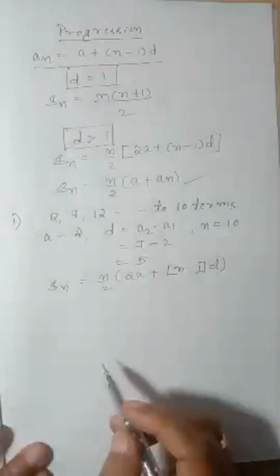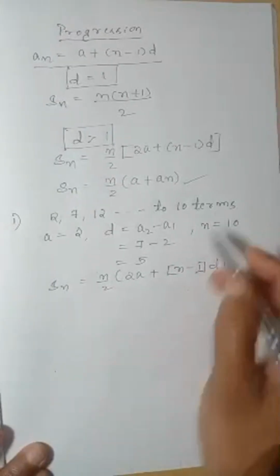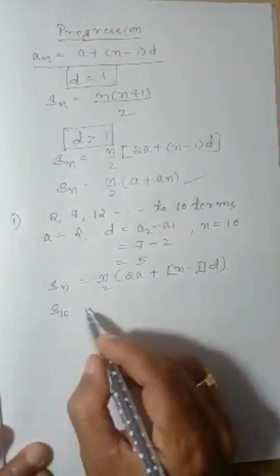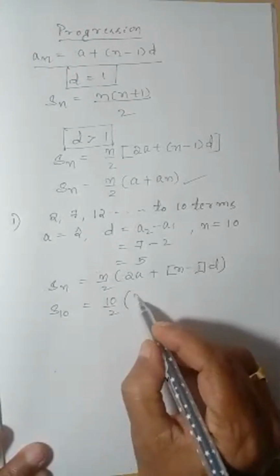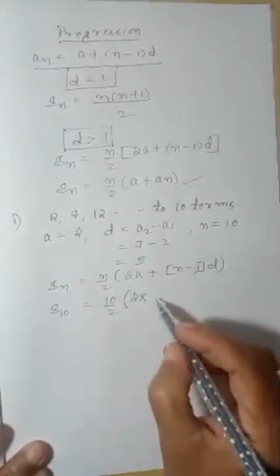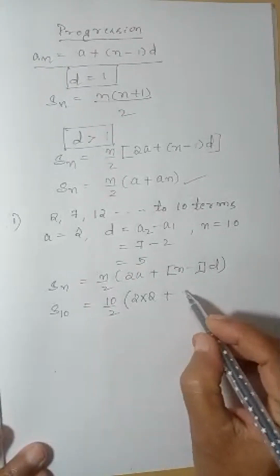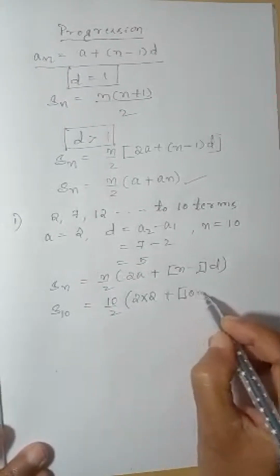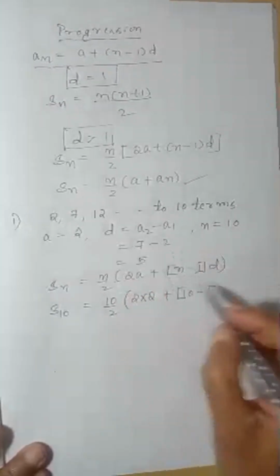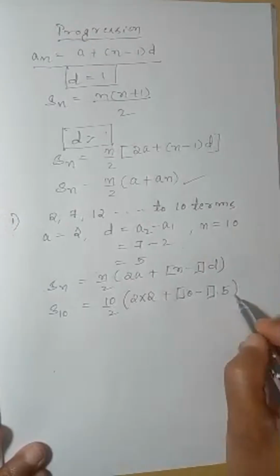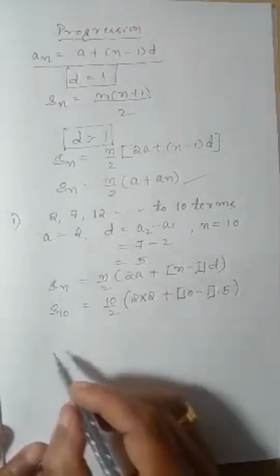Here the thing is very simple. To find the sum of the 10 terms, S_10 is equal to 10 by 2 inside the bracket 2 into a, that is 2, plus n minus 1, that is 10 minus 1, into d, the common difference of 5. Here simplify inside the bracket, according to the BODMAS rule.